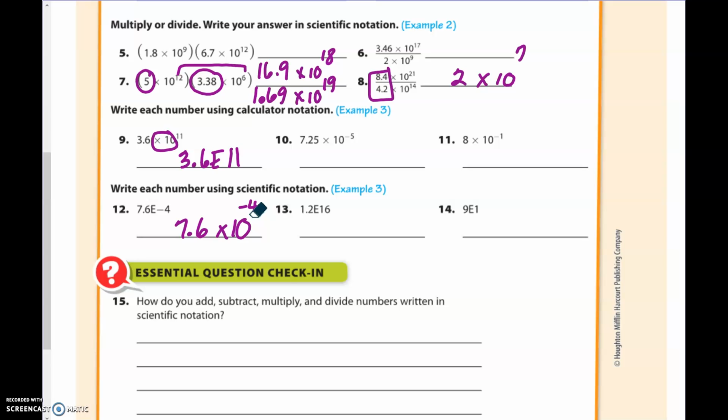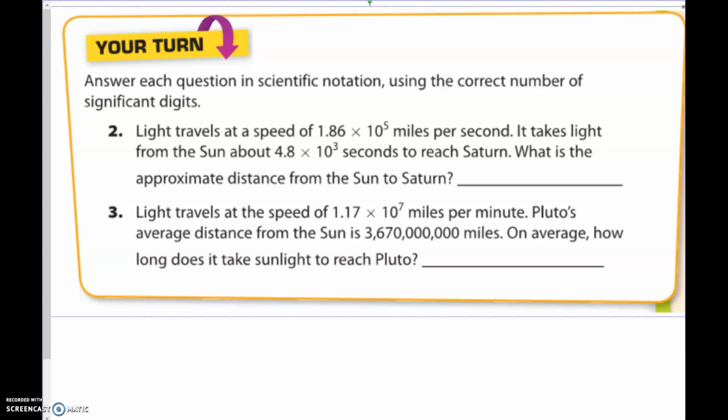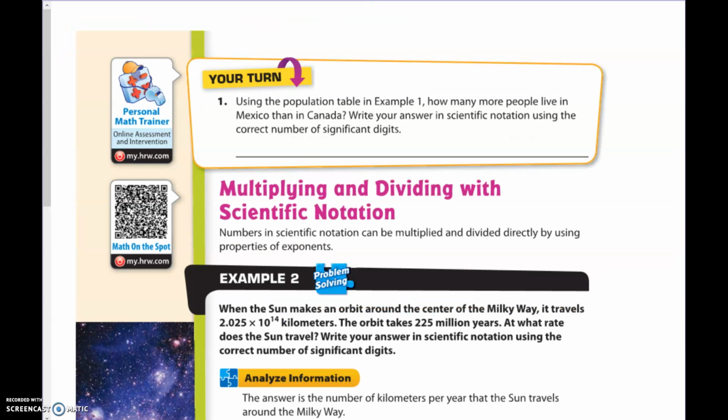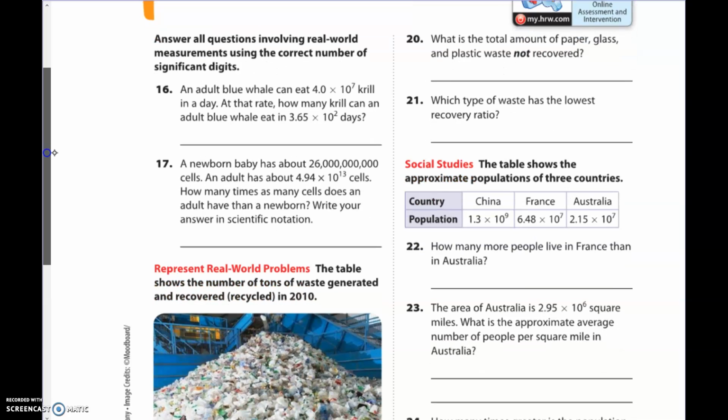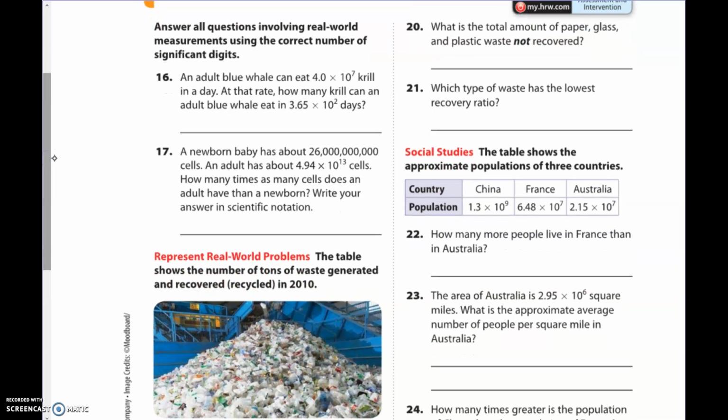All right, now we went on to number, I think it was 16. So number 16 here, hopefully I have it in here. All right, there's number 16. So we are talking about an adult blue whale that can eat 4.0 times 10 to the 7th krill a day.